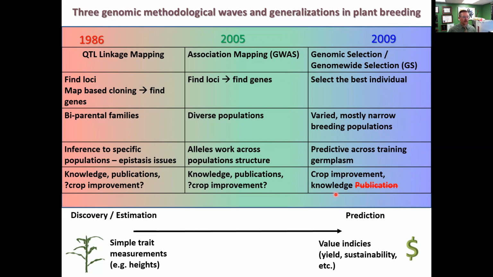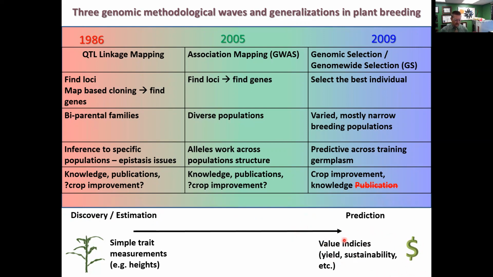We've generated a lot more knowledge about genetic actions in the genome in crops, but it's really hard to publish on this because there's not a model that other people can take and deploy. Right? And so we've gone from this idea of discovery or estimation of loci to prediction to try and find things that we're interested in. It's a lot easier to include value indices.